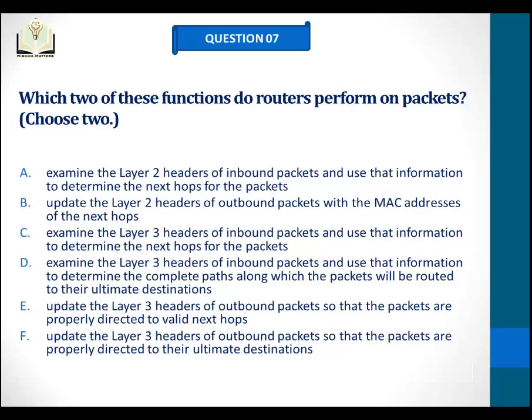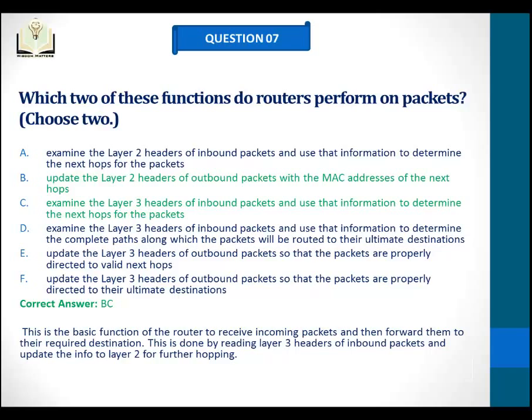D. Examine the layer 3 headers of inbound packets and use that information to determine the complete path along which the packets will be routed to their ultimate destinations. E. Update the layer 3 headers of outbound packets so that the packets are properly directed to valid next hops. F. Update the layer 3 headers of outbound packets so that packets are properly directed to their ultimate destination. And the answer is B and C.